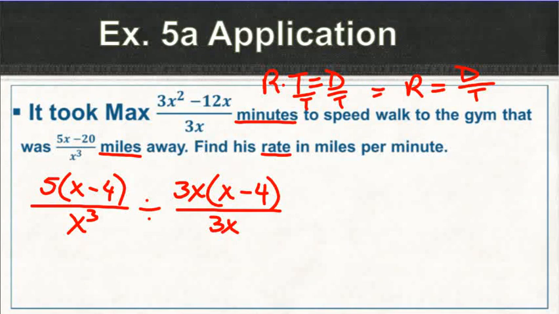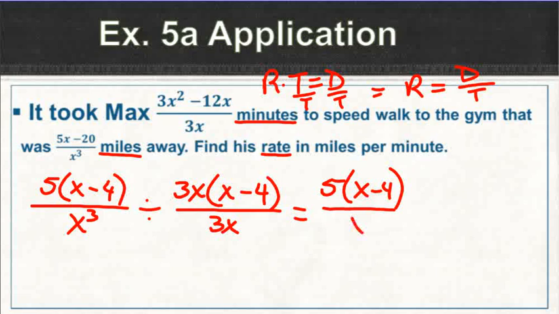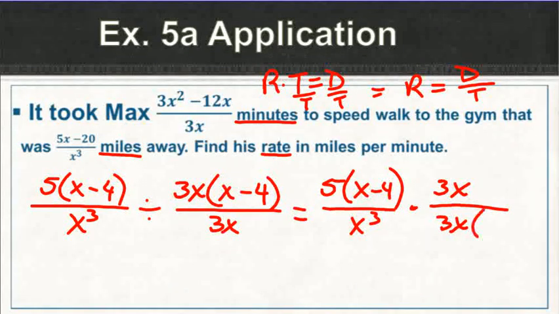Now, if we just go back to what we have been doing the last 4 problems. When you divide by a fraction, you're really multiplying by the reciprocal. So I have 5 times x minus 4 divided by x cubed. And I'm multiplying by the reciprocal, 3x divided by 3x times x minus 4.